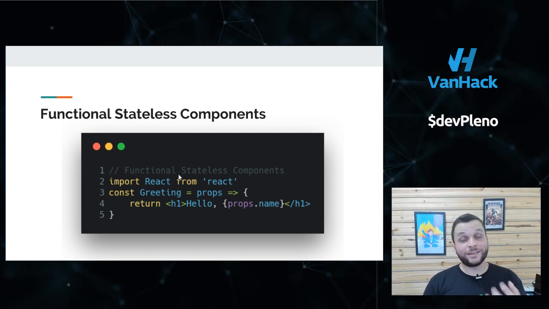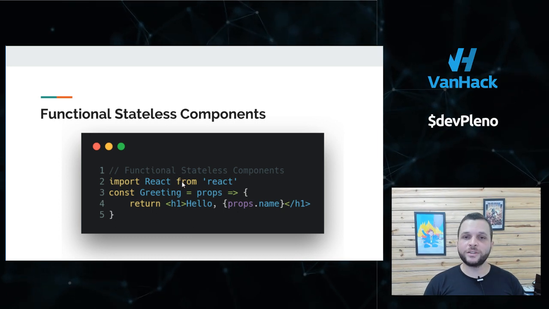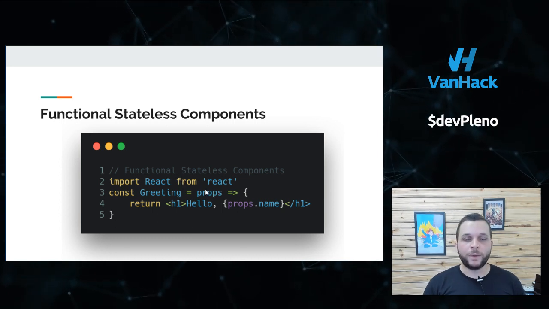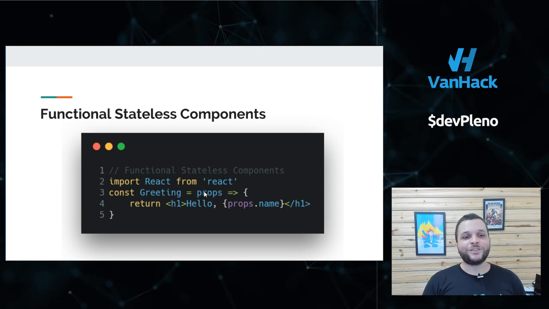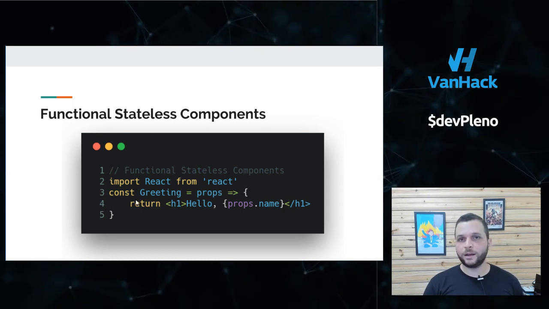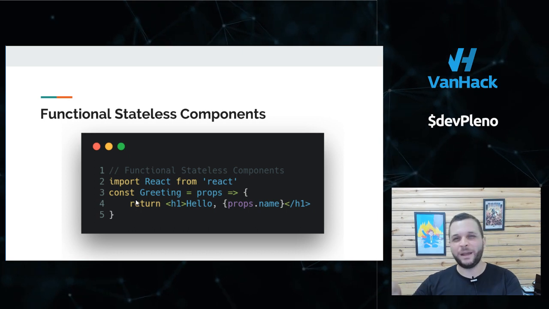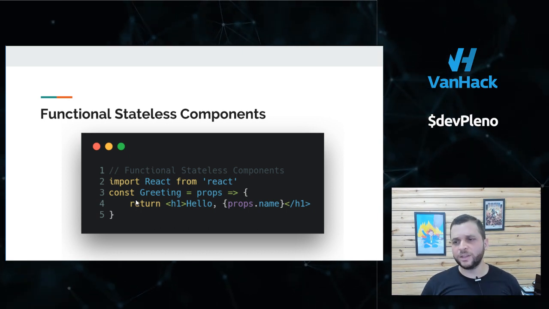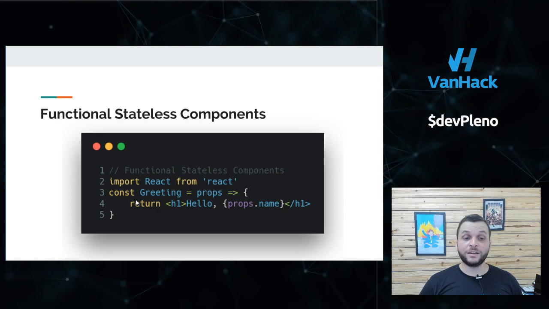So what is a pure function? It's a function that only depends on the parameters. So here we have the props, which is a parameter, and we are returning new elements or JSX. I will talk about this in a minute.